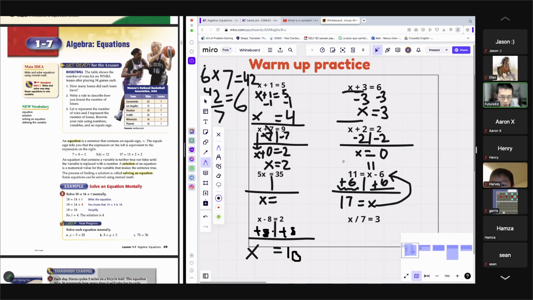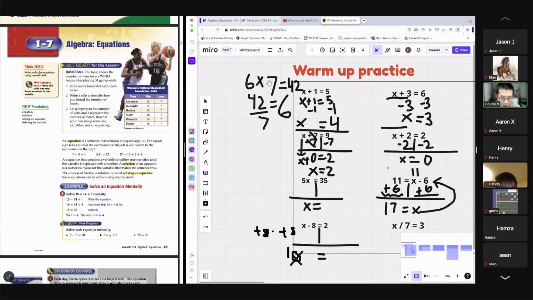So if we had an original 6 and multiplied by 7, we got 42. You're following along, Hamza? Yes, awesome. To get rid of that multiply by 7, we have to divide by 7 to get our original answer.